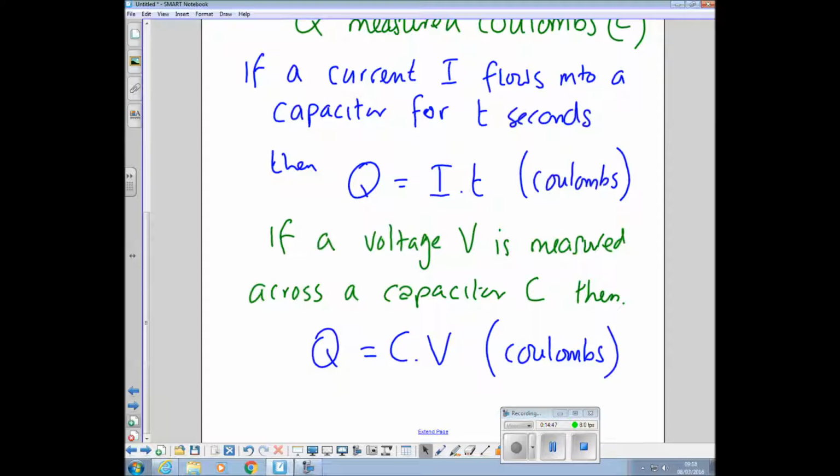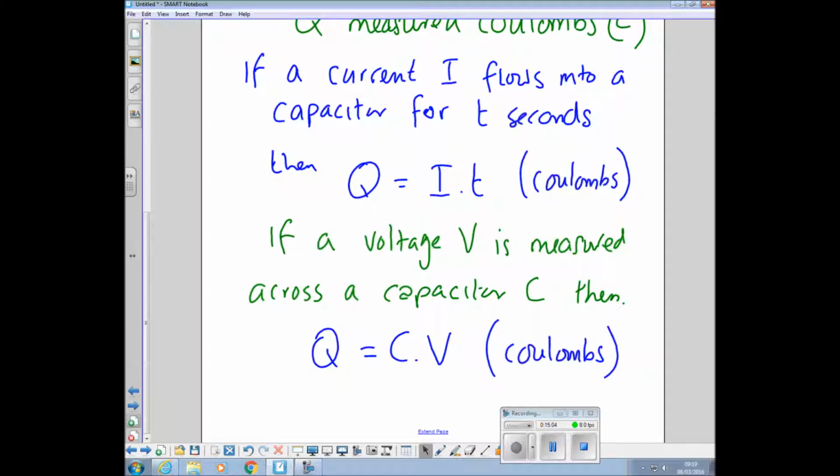So we can get the charge either from how much current flows for how many seconds, or we can get the charge from the voltage across multiplied by the capacitance in farads.